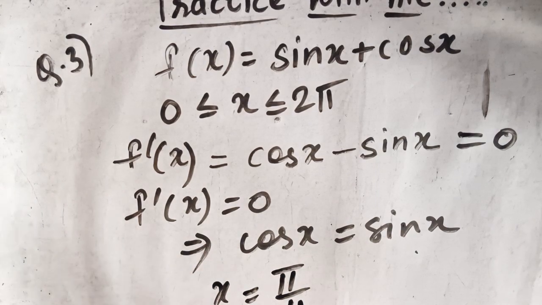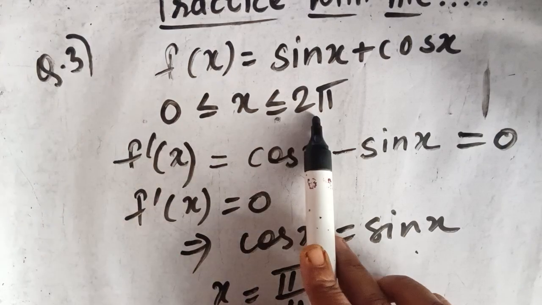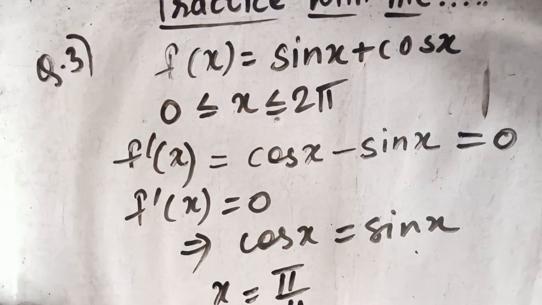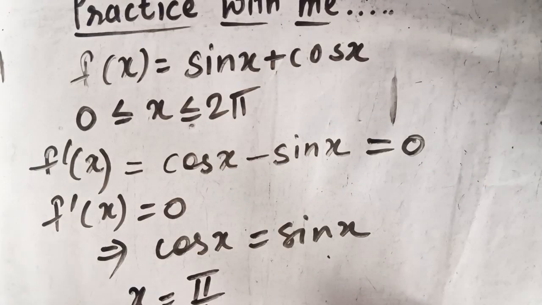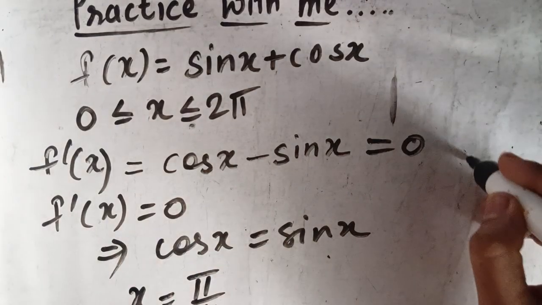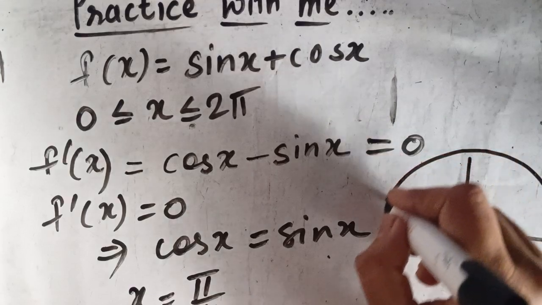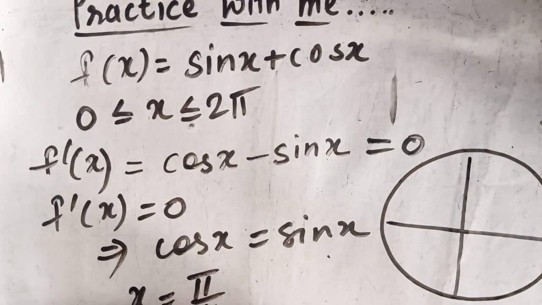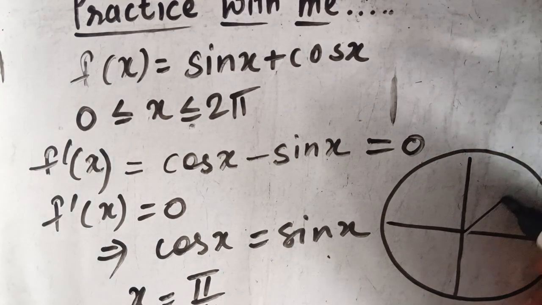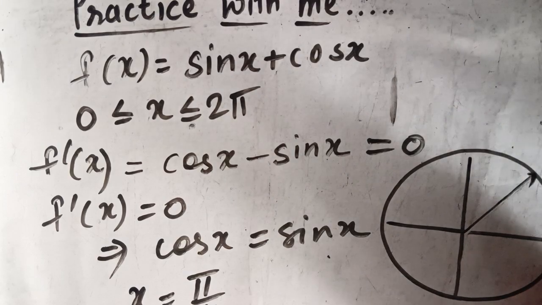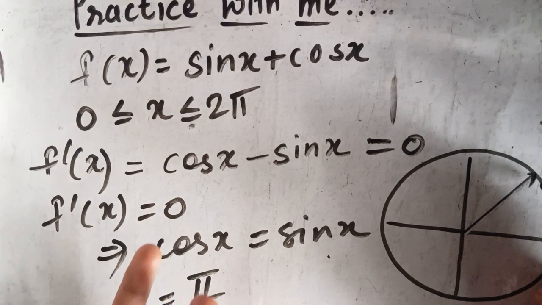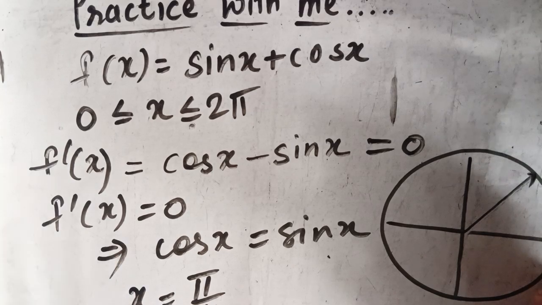Now your interval is between 0 and 2 pi, so you have to take the full 360 degrees. For 45 you got the value. Now you have to look for another point x for which sine and cos are equal.